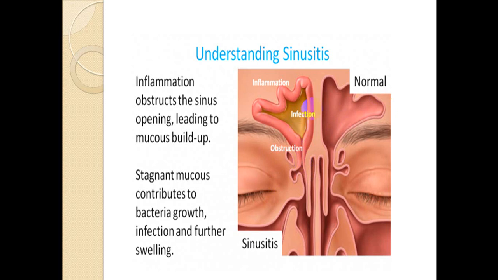So inflammation and obstruction of the sinus ostium lead to a mucus build up within the sinus. Stagnant mucus contributes to bacterial overgrowth and infection and further swelling within the sinus.